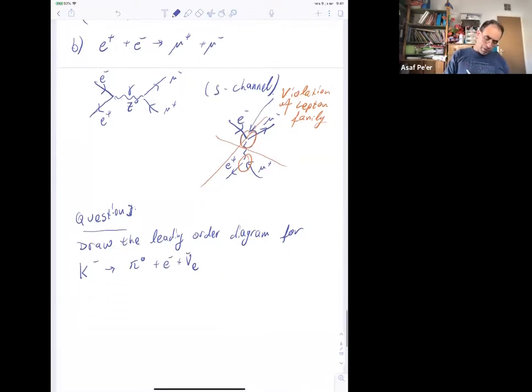And then which quantum numbers are conserved and which not?